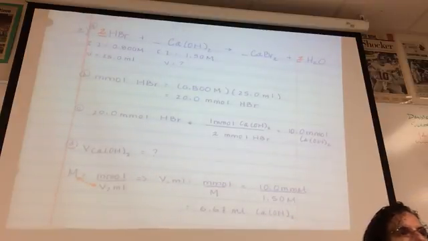Now your lab's going to look slightly different because at first glance it's going to appear that I only give you the concentration of the base and the volume of the acid. But through the titration, you'll know how much base you added by reading the burette. We'll point that out in great detail when we do the lab.